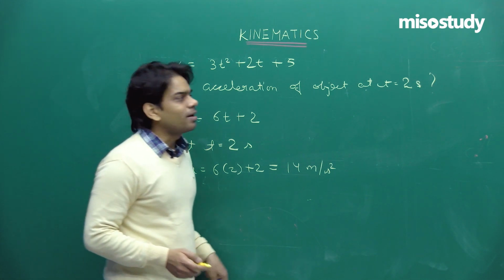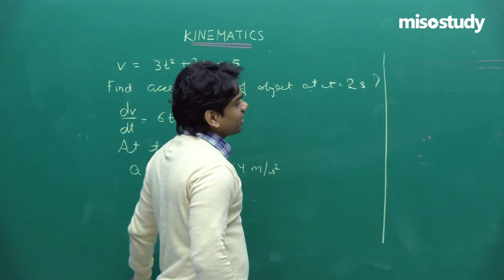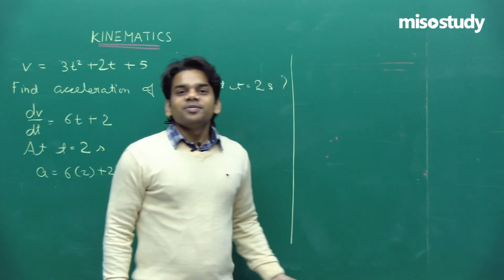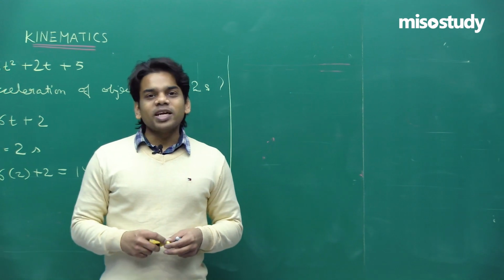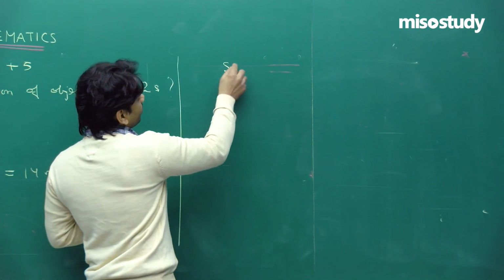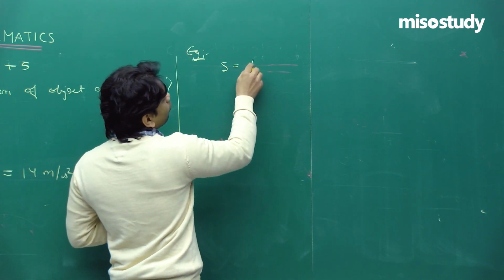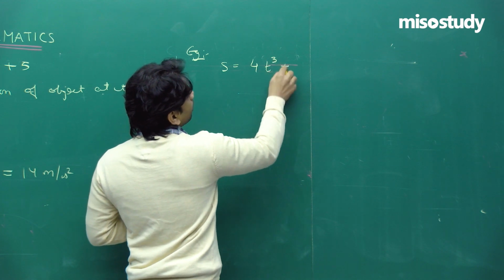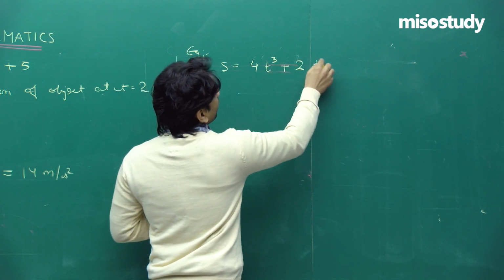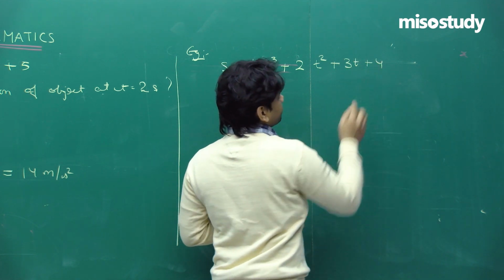One more example to have an understanding of displacement, velocity and acceleration. Let us say displacement of an object is dependent on time, and that is given as s equal to 4t cube plus 2t square plus 3t plus 4, let's say.